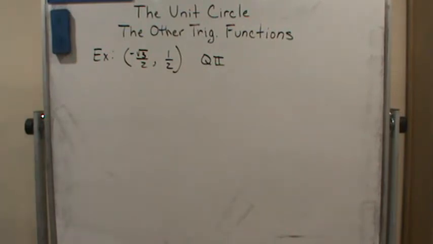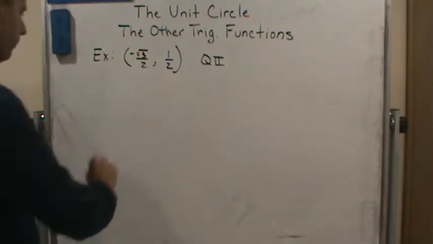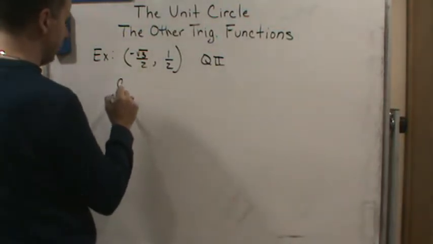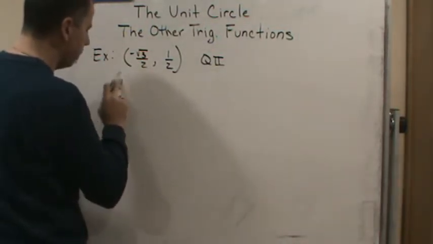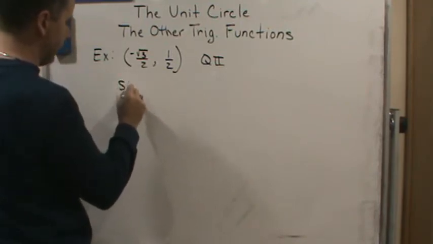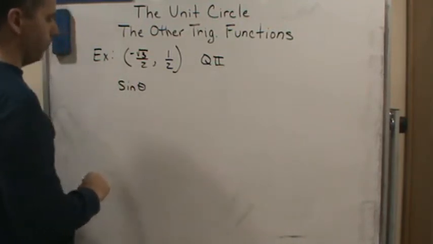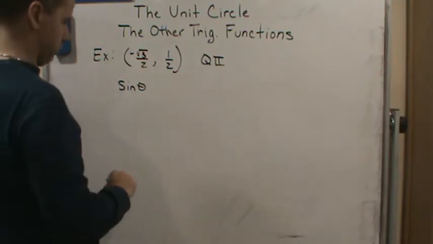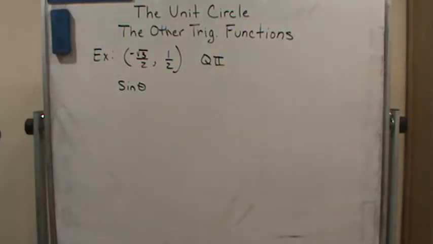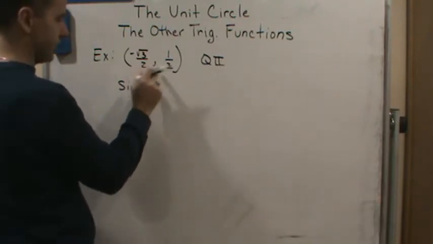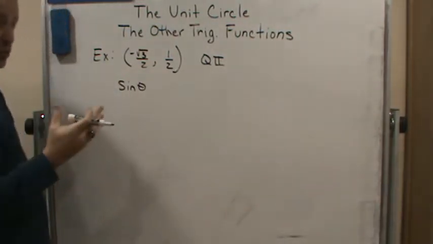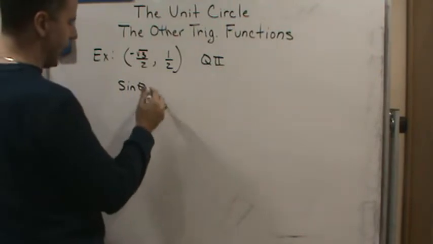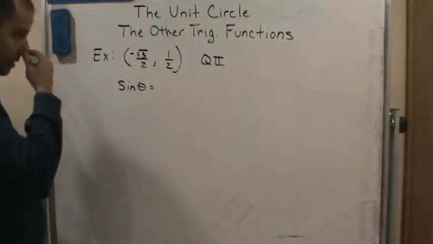Okay, so let's start with sine and cosine. Well, that's going to be easy. So sine theta, and we don't even need to know what theta is, but we do know x and y. So all we have to do is know the ratios. So sine theta is equal to what?